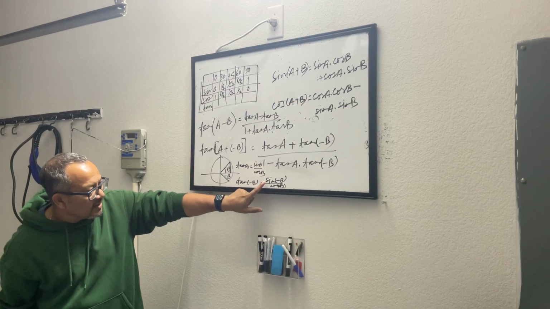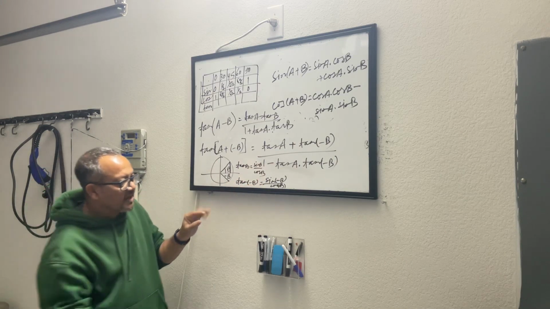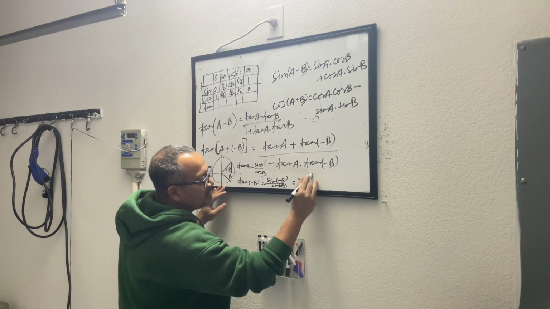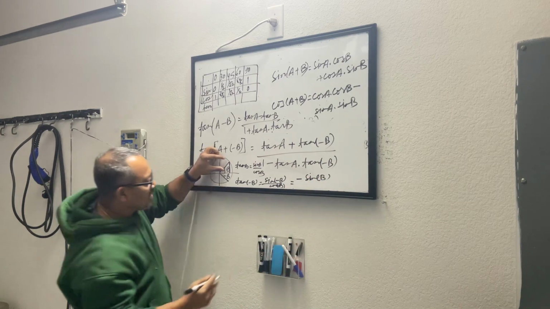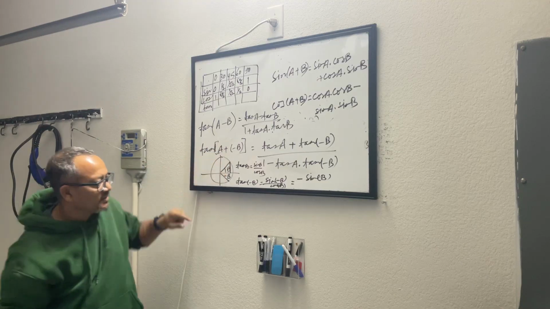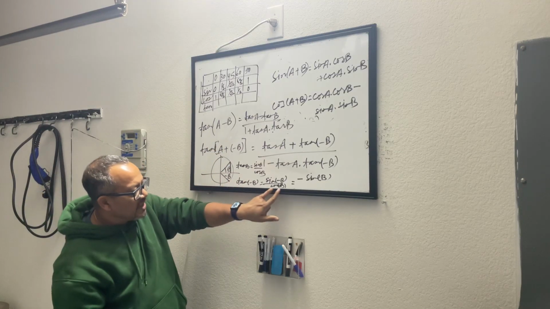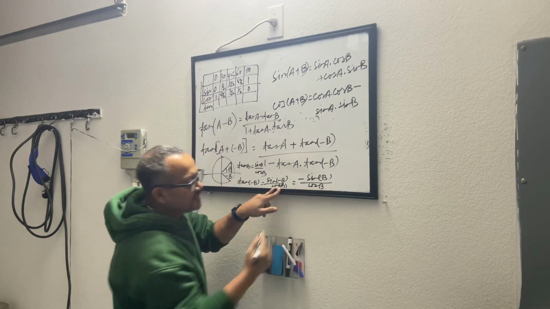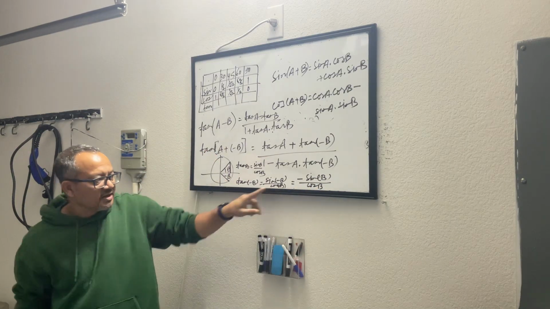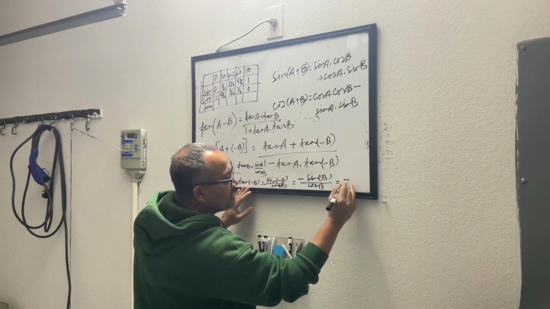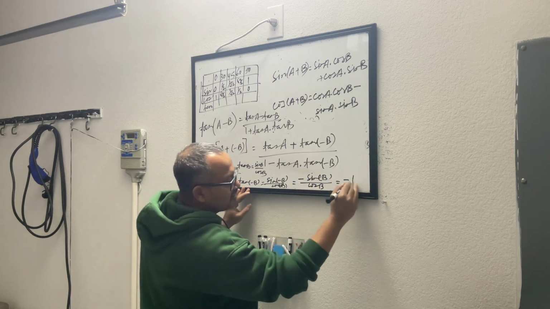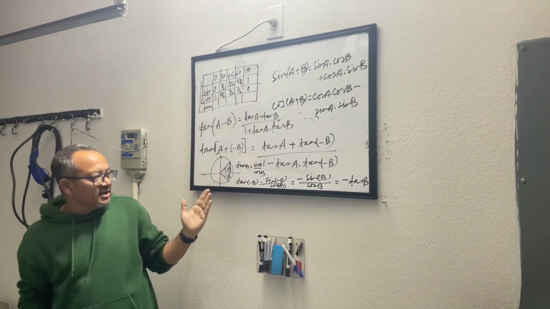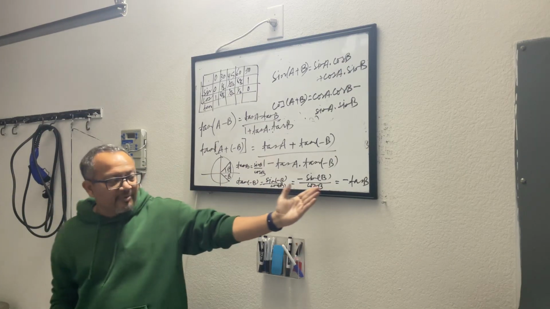Tan of minus B is sine of minus B, and we have seen that sine of minus B is the same as minus sine of B. My y coordinate flips, y to negative. Cos of B and cos of minus B are the same. So cos of minus B I can replace with cos of B. So this becomes minus sine of B by cos of B, which is minus tan of B. So same thing, like it worked for sine, tan of minus B is equal to minus tan of B.